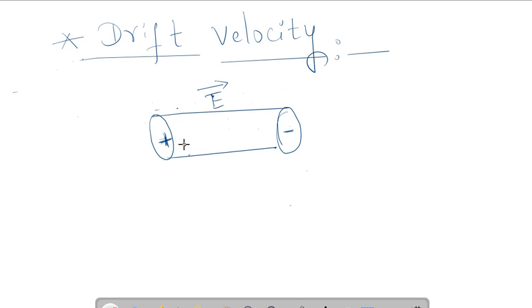The free electrons present in the conductor get drifted, going in a zigzag fashion, but overall in a direction opposite to the applied electric field.